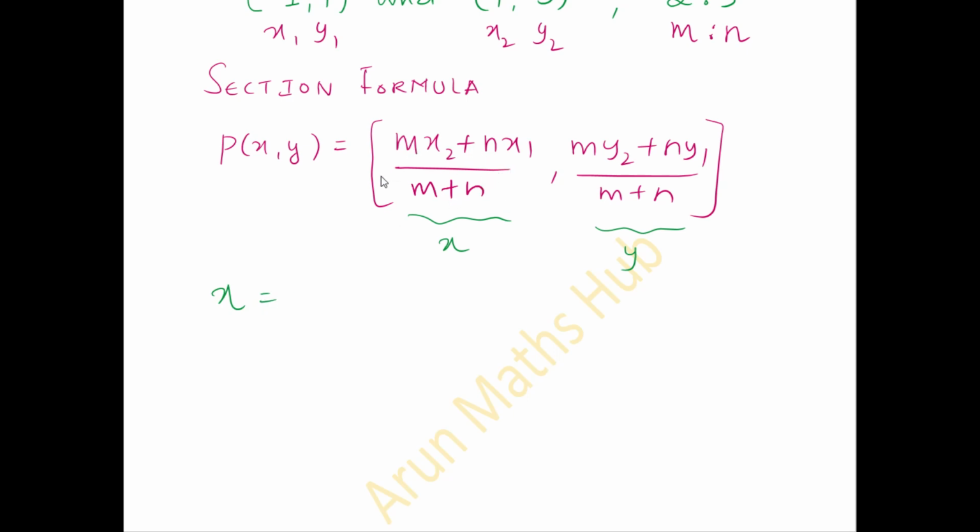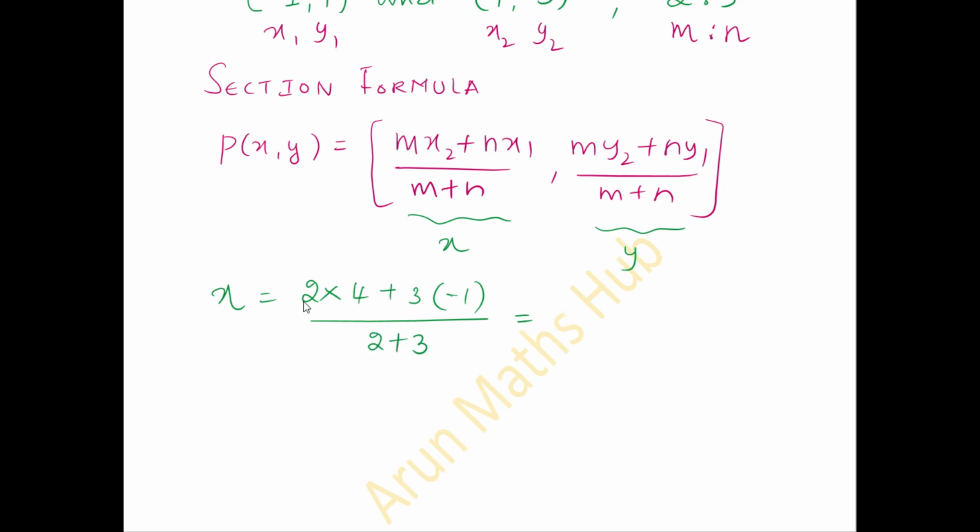Now what is m? m is 2, x2 is 4, n is 3, x1 is -1, divided by m plus n, which is 2 plus 3.